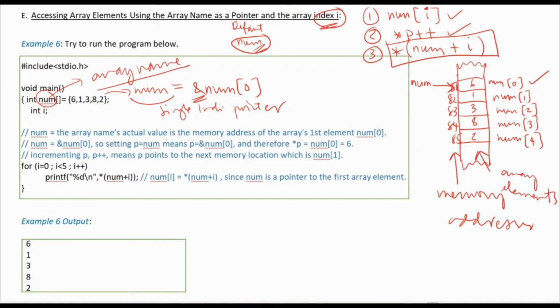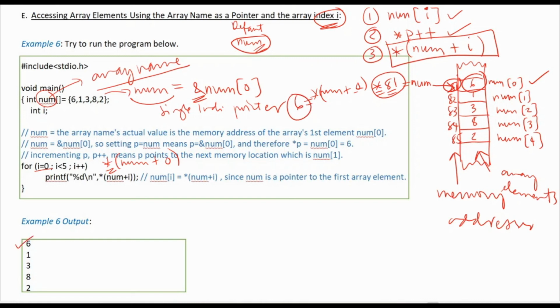On the first iteration, when you set the index I to 0, this would be asterisk num plus 0. Currently, num is equal to 81. Plus 0 of that is simply 81. And then, with this asterisk, you are trying to access the value stored at address 81, which is equal to 6. So asterisk 81 or asterisk num plus 0 is equal to value 6. That's why the output here is 6.